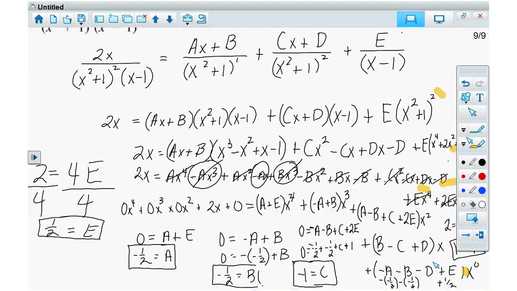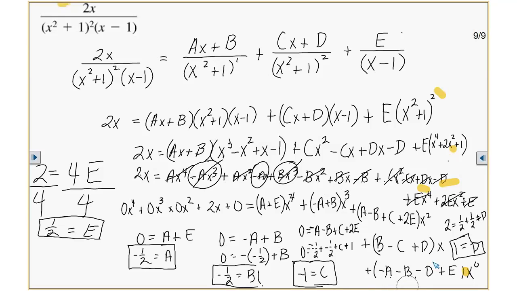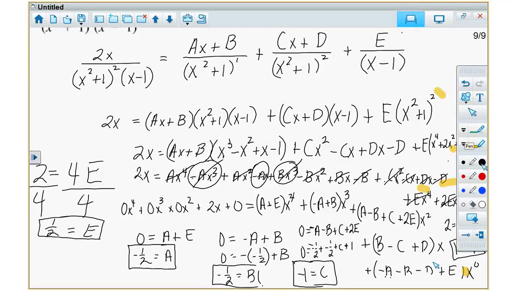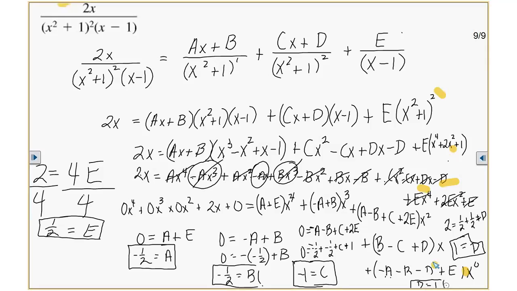Plus D, just for everybody to know. What's D? The number is positive 1. So put D is equal to 1 down here so y'all can check your work. I'll try not to give one like that on the test. And E, you already got. It's 1/2. You got it at the beginning.